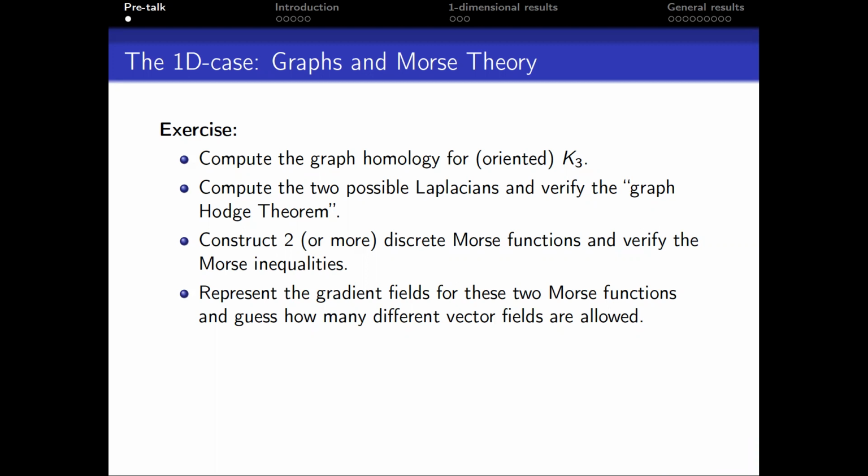And because I was told that this pre-talk is more like something that we can work together, I need all of us to work together. And you should tell me what is the incidence matrix for this graph and that orientation. I can help.